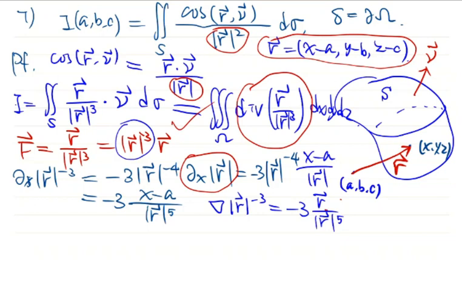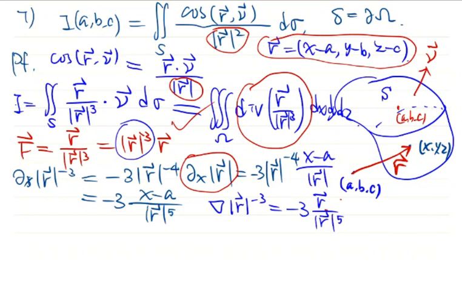But if (a, b, c) is a point in omega, then R is 0 at that point. So F is singular. (a, b, c) is a singular point of F. F is not differentiable there. So we cannot apply the following computation.